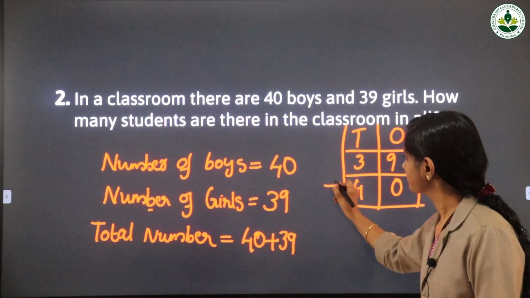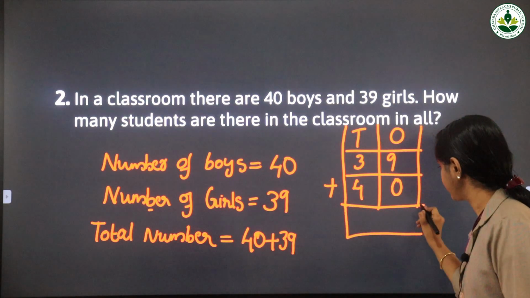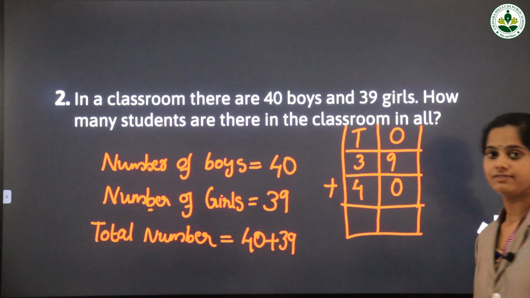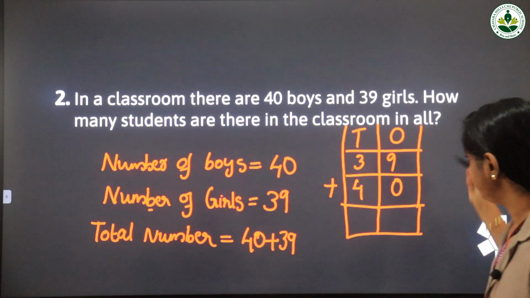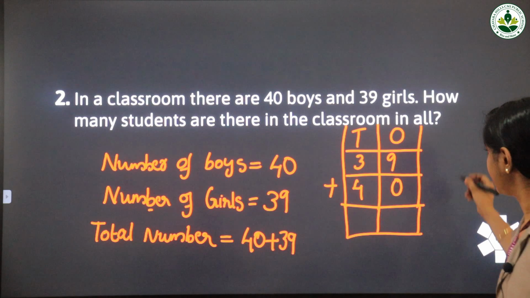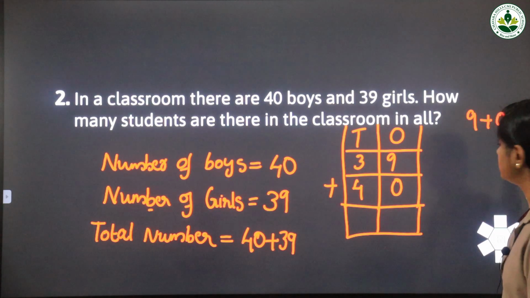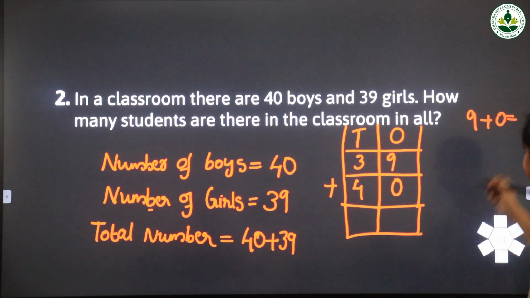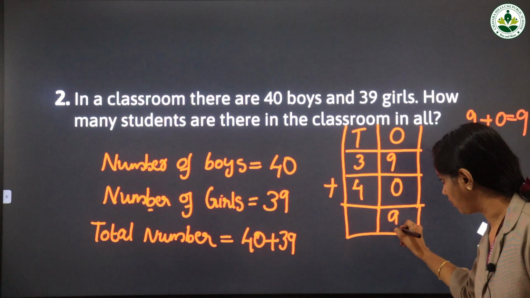This is the addition sign. Let us start our addition. First we add the digits in the ones place, that is 9 plus 0, which is equal to 9. So we place 9 in the ones column.